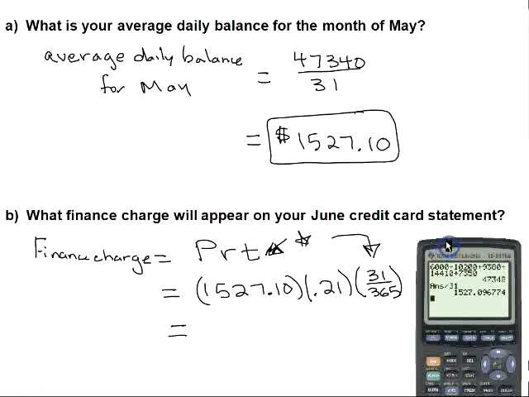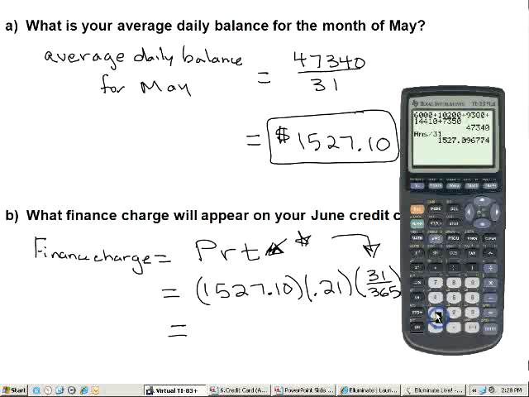So let's see what our finance charge is going to be on our June statement. $1,527.10 times 0.21, and then I can just type on my calculator times 31 and divide by 365.